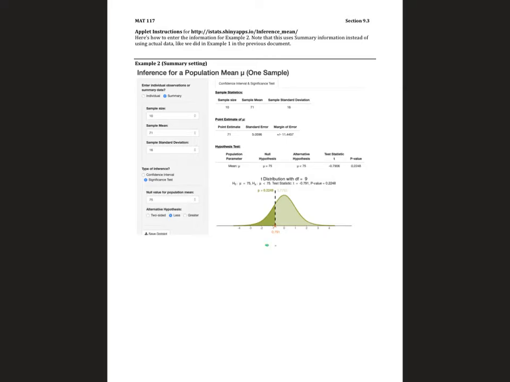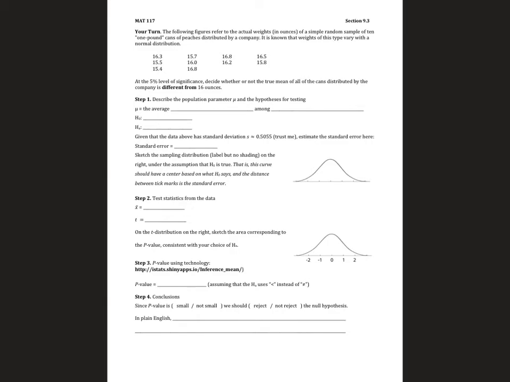So we can feel pretty good about ourselves if the picture that it draws is the same as the picture that we drew as we worked our way through the logic. And then finally, there's a third page that is a problem for you to try, following exactly those same steps. This document also is posted in D2L under the daily work 6 assignment. So it's the same document posted twice, so you can find it easily.